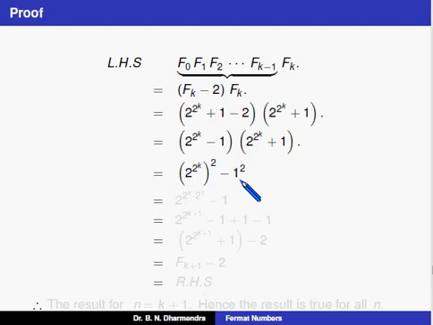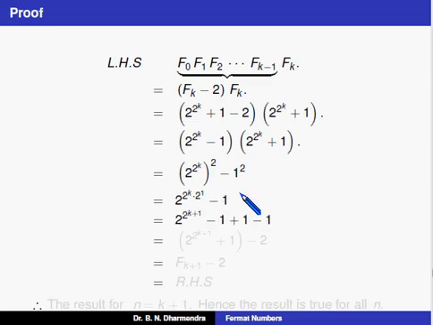Or here also that power 2 is there, so it can be written in terms of 2 to the power of k into 2 to the power of 1, minus 1. So therefore we should add that power here. The base is the same here, 2. So therefore this one is 2 to the power of k plus 1.